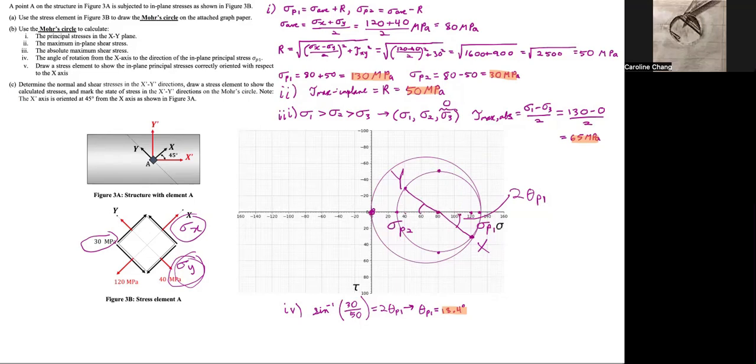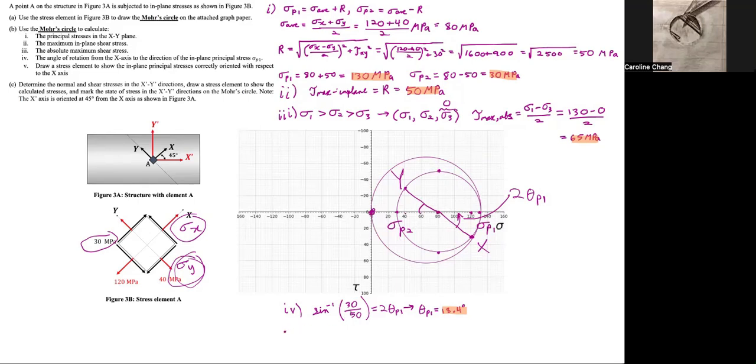As you can see, the counterclockwise convention is positive. So this means that this angle is actually going this way. So in real life, a rotation counterclockwise by 2 theta p1 on the Mohr circle will correspond to a rotation counterclockwise of the stress element by 18.4 degrees.